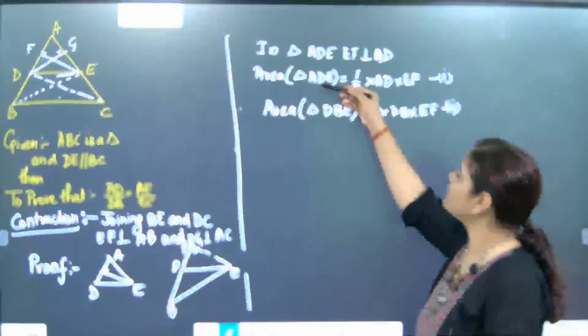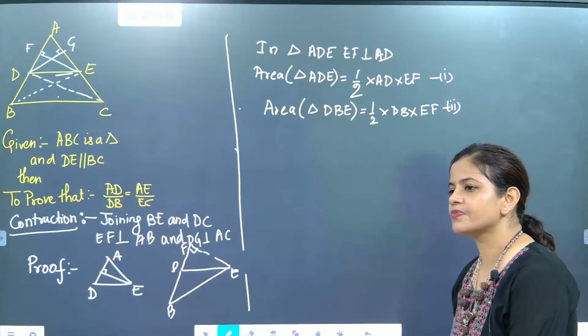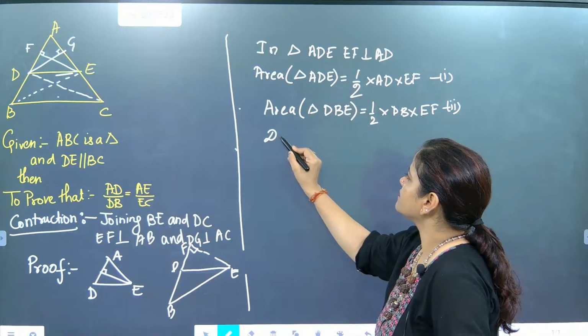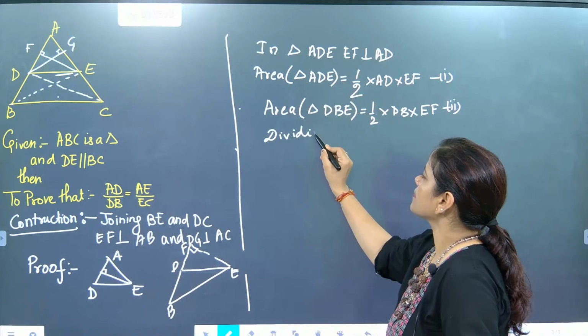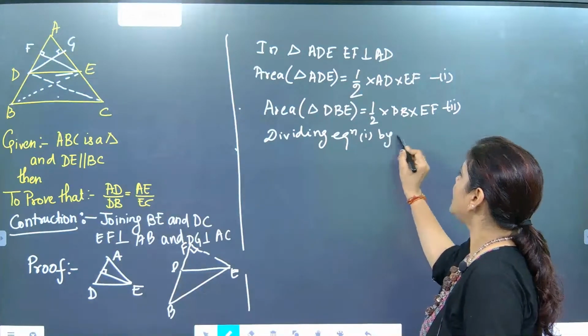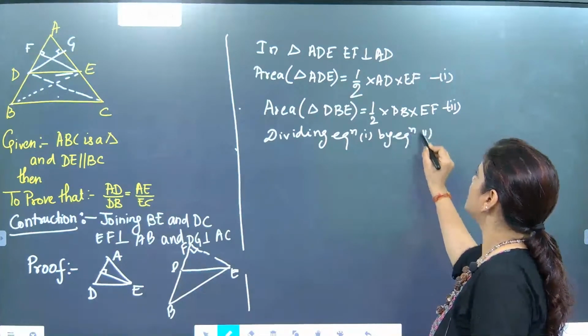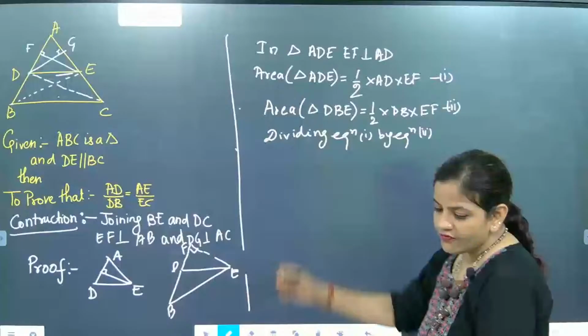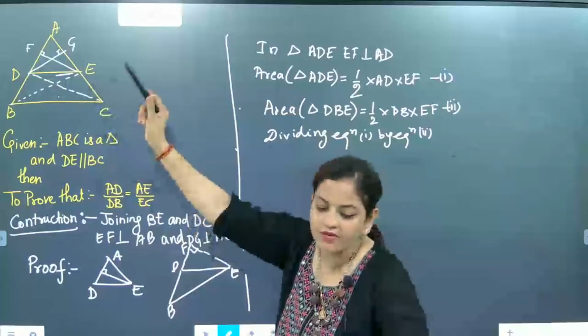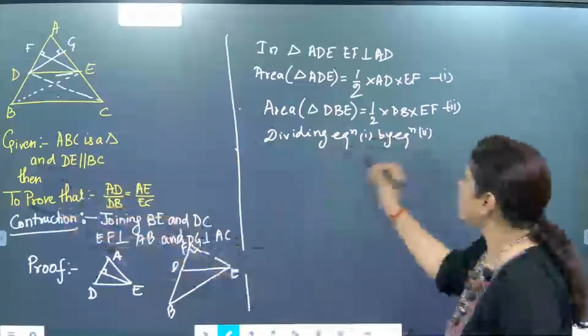Okay. So if we divide this by this, what will come? If we divide equation 1 by equation 2, beta, then what will happen?